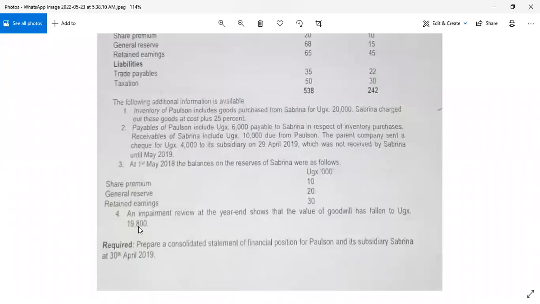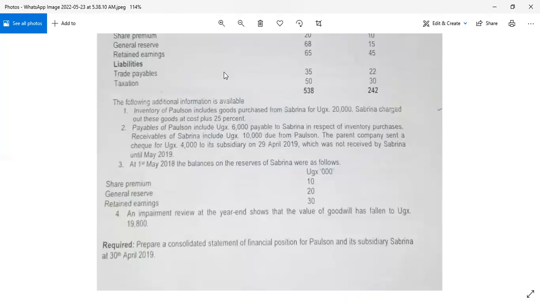Now you fall if you're coming from up. You can't fall when you're coming from down. So the goodwill is 14. 14 is less than 19,800. So you can't say that it was impaired. And the reason is, if you're falling to 19,800, that is your recoverable amount.